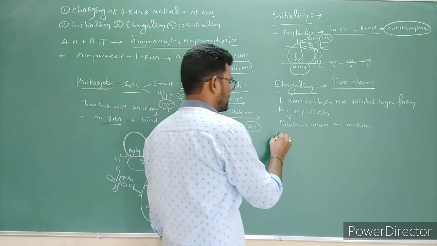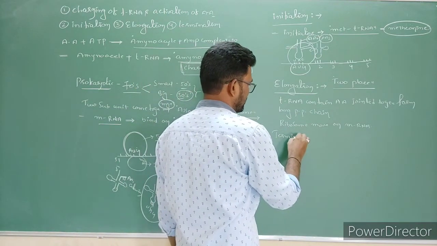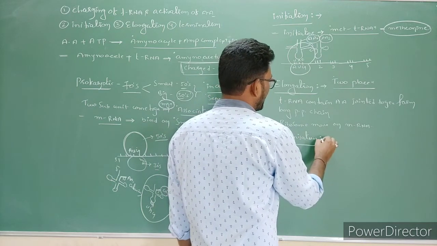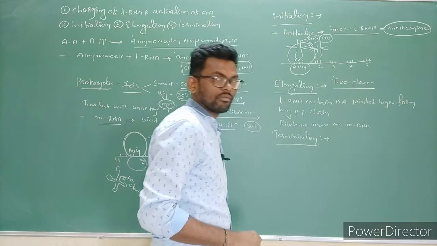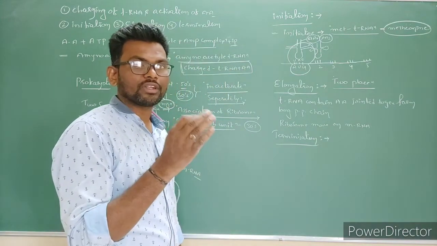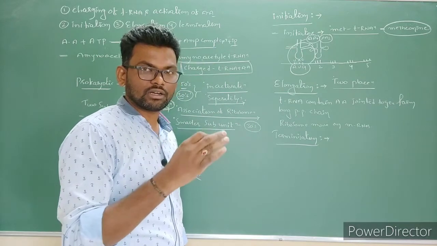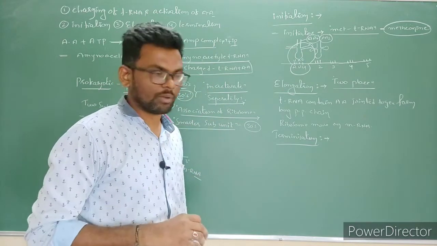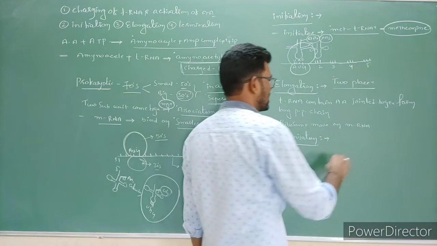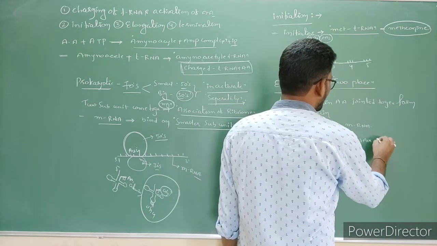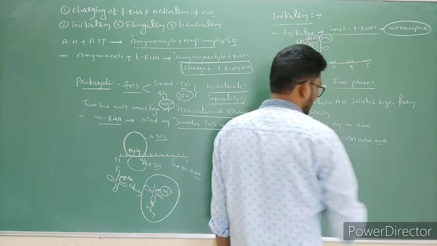Next, termination. When the polypeptide chain bond formation is stopped, when stop codons appear on mRNA, then the elongation process is going to stop. What are the stop codons? Stop codons are UAA, UAG, UGA, right?